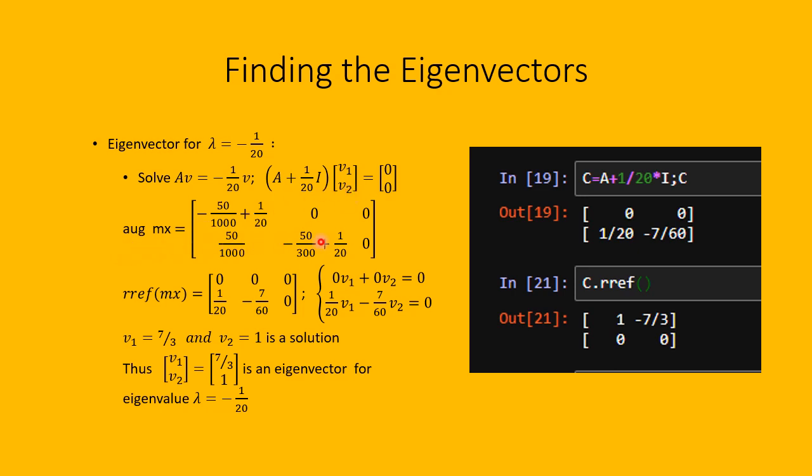The augmented matrix is this, and when we look at the reduced row echelon form of that matrix, we get what we see over here, which corresponds to these equations. And we see from this that if we let V1 be 7/3 and V2 be 1, that will be a solution to both of these equations. And so we can let the eigenvector have components 7/3 and 1. That is an eigenvector corresponding to eigenvalue lambda equals minus 1/20th. The same sort of calculation is shown over here.